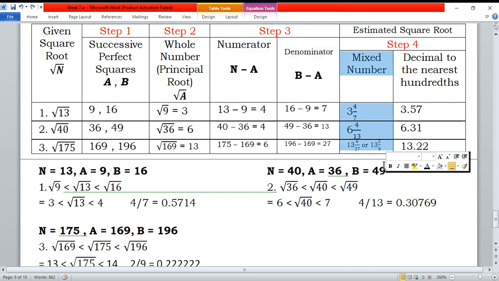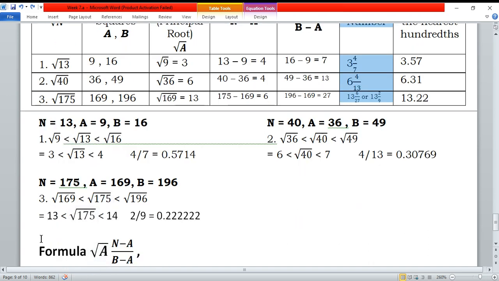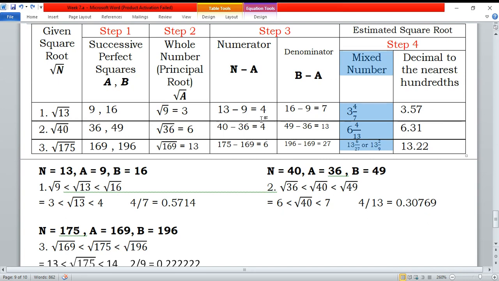Ayun, no? So, ang 3, gaya ng sinabi ko kanina, galing yun sa principal root ng nasa kaliwa. Then, ang 4 naman ay galing sa numerator. Ito, 4. Ang 7 naman ay galing sa denominator. Nakita natin. Ito, 4, 4, 6.